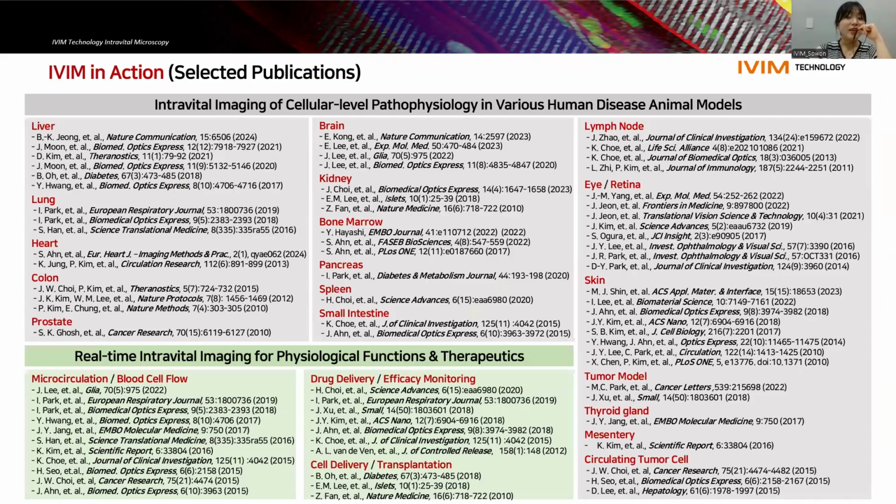Okay, then as you can see on this slide, research using I-beam technologies intravital microscopy has been continuously published in international journals, and this list is still growing. Compared to traditional tissue analysis methods, intravital microscopy offers a major advantage.